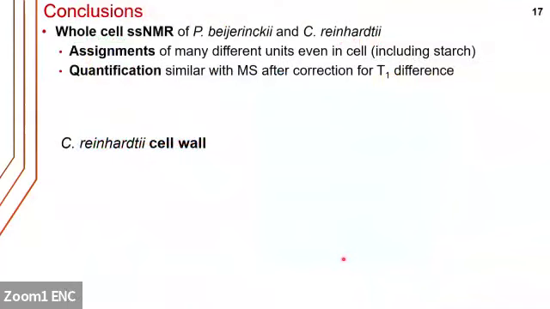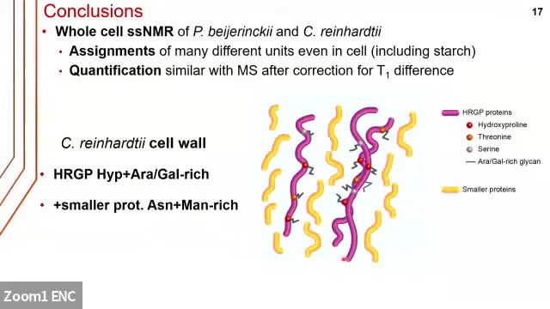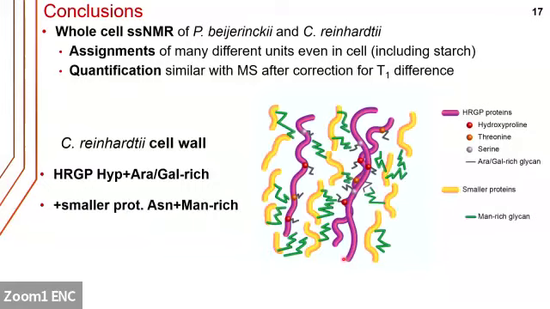So just as a quick conclusion, we proved that the methodology we applied can be applied to different cells and allows using solid-state NMR combined with mass spectrometry, with good agreement in terms of assignment and quantification of several glycans. But like in the last part of the talk, we also managed to detect the hydroxyproline-rich glycoproteins in our cell wall, but we also detected other smaller proteins that are rich and associated with a high amount of mannose through asparagine linked to it.